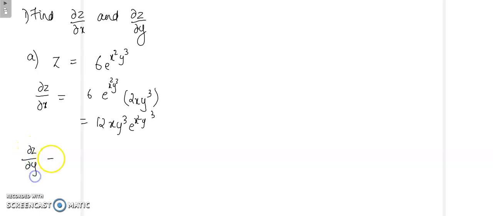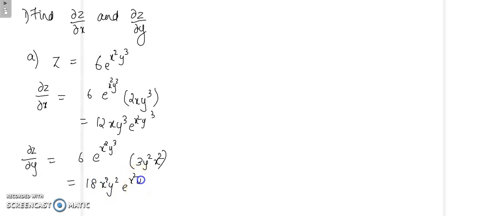Now dou z by dou y, similarly that will be e raised to x square y cube, where x square is constant. Now you need to differentiate x square y cube with respect to y. So that will be 3y square x square. So you get 18 x square y square e raised to x square y cube. So that is the derivative.